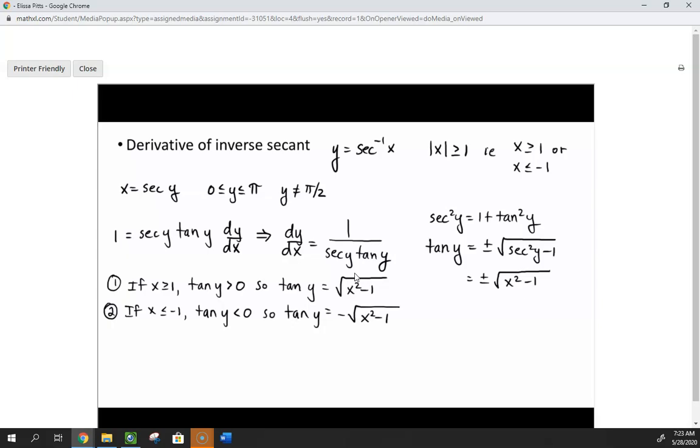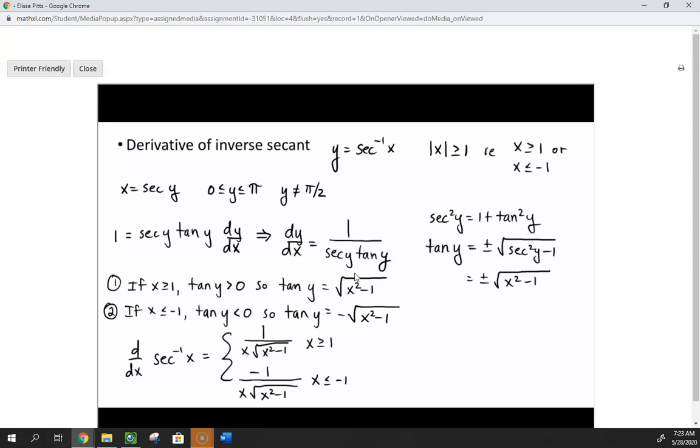So now in our formula for dy/dx, we replace secant y with x, and we replace tangent y with the proper equation depending on whether x is greater than or equal to 1 or x is less than or equal to negative 1. We now have the derivative with respect to x of the inverse secant of x equal to 1 over x times the square root of x squared minus 1 when x is greater than or equal to 1, or negative 1 all over x times the square root of x squared minus 1 when x is less than or equal to negative 1.